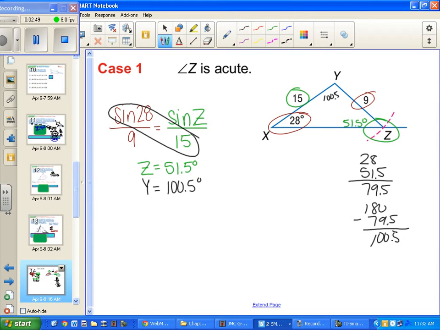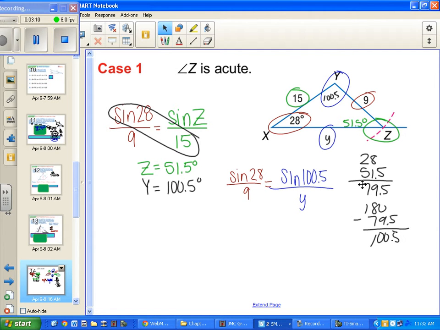Now we just have to find this last side, which we could label lowercase y. Again, we go back to the one that was given from the beginning. Sine of 28 over 9 equals, these two are related to each other, so sine of 100.5 over y. Cross multiply and divide.